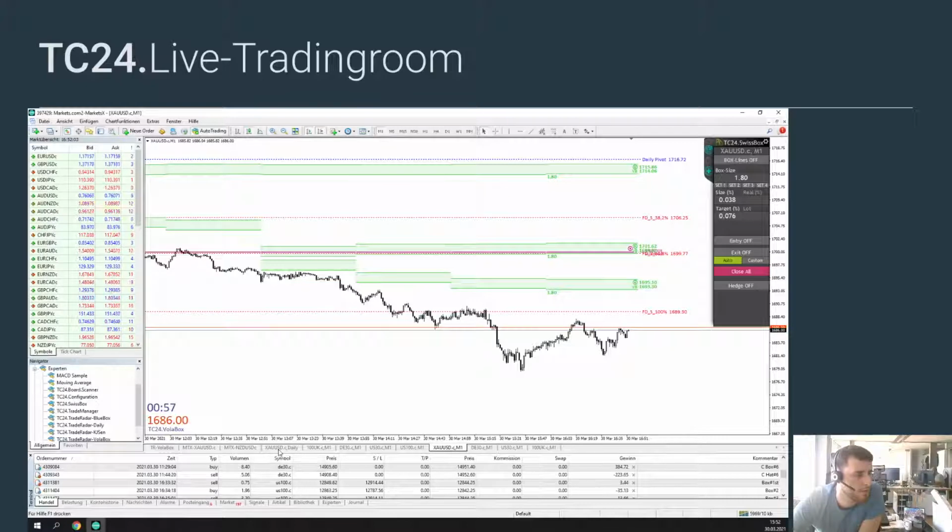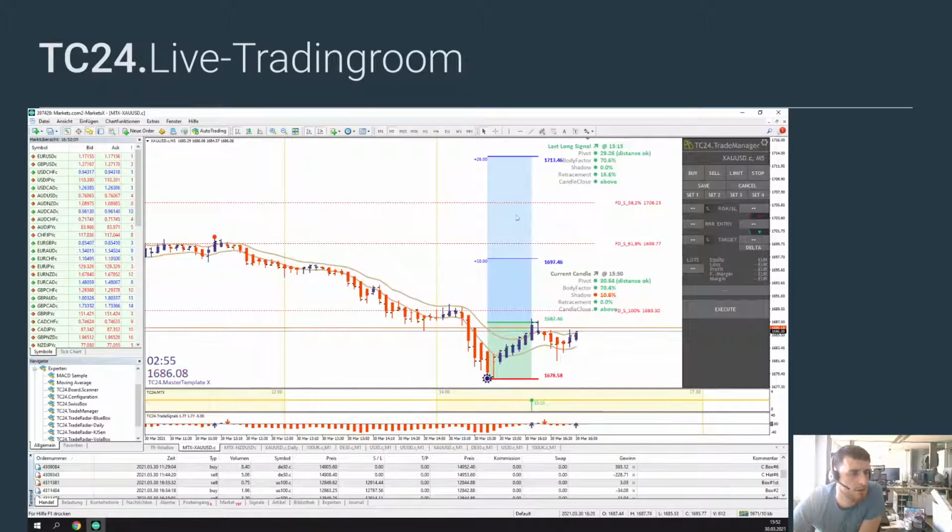However, gold making some progress. Let's check the MTX from that buy earlier on. It's quite possible to hit that 1700 mark just here.